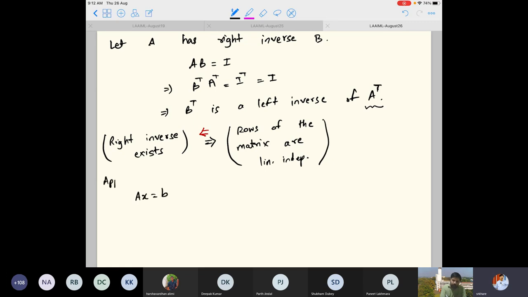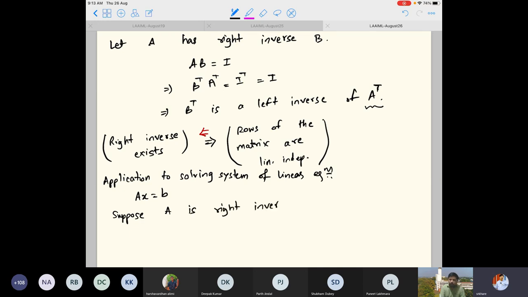Application to solving systems. That's what we are interested in. So what will you do? You tell me. We suppose that A is right invertible. Then what will you do?